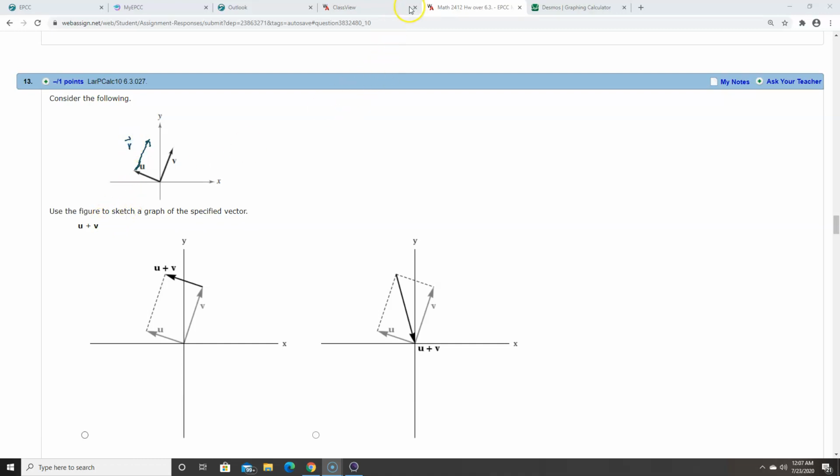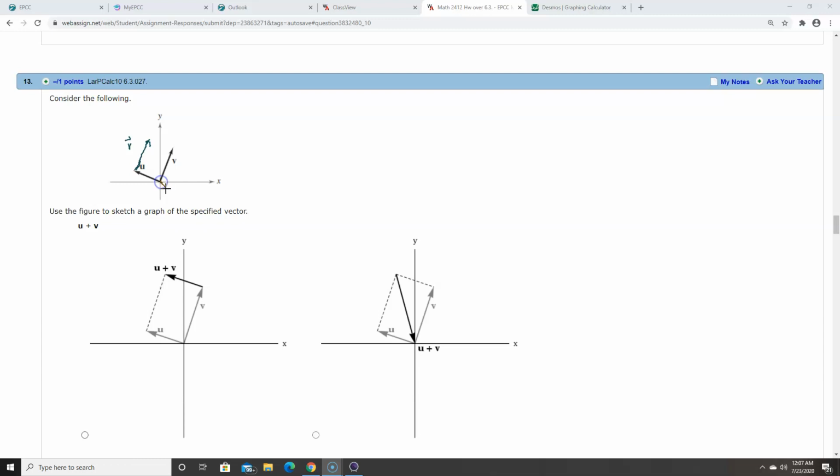And now, what is the result of taking vector u and adding vector v to it? So you go back to the beginning of your first vector, which was u, which is at the origin.